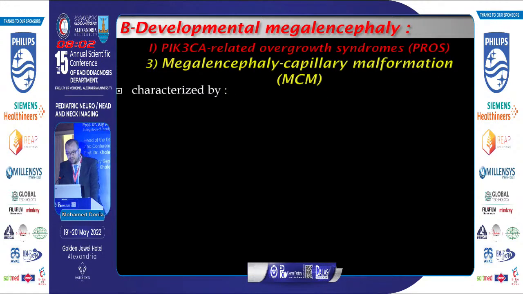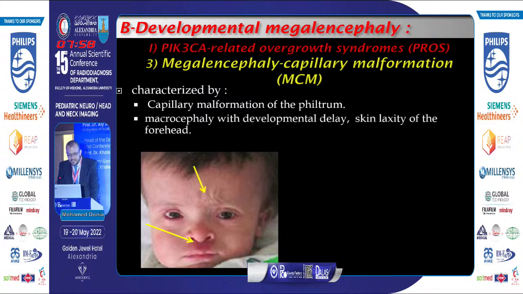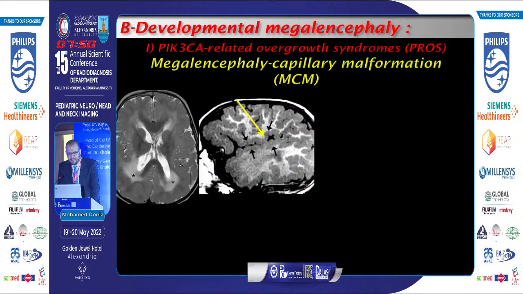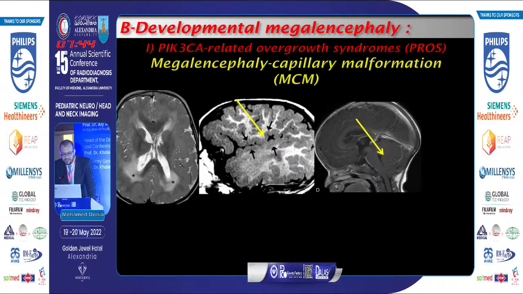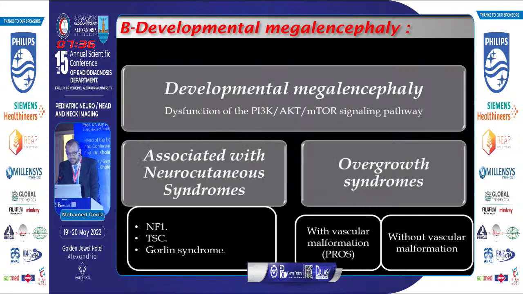Megalencephaly-capillary malformation is characterized by capillary malformation of the philtrum, macrocephaly with developmental delay, skin laxity of the forehead, and syndactyly of the third and second toes. MR showed bilateral hemimegalencephaly with ventriculomegaly, characteristic perisylvian polymicrogyria, tonsillar herniation, cerebellar dysplasias, and bilateral lipomatous overgrowth over the face.